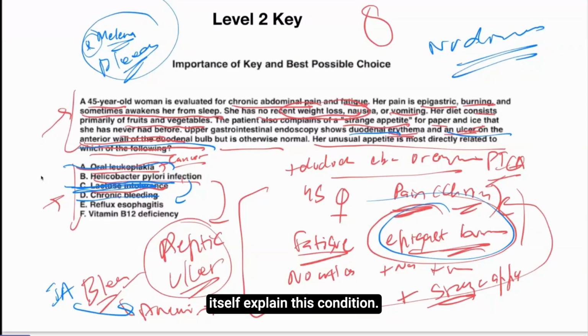But that by itself doesn't explain this condition. It isn't the most accurate answer for the key, which we'll talk about. The absence of throat pain is a negative clue. If this was reflux esophagitis, she would have pain that gets worse when she lies on her back. There's no postural variation in the pain, which tells me E is not the answer.